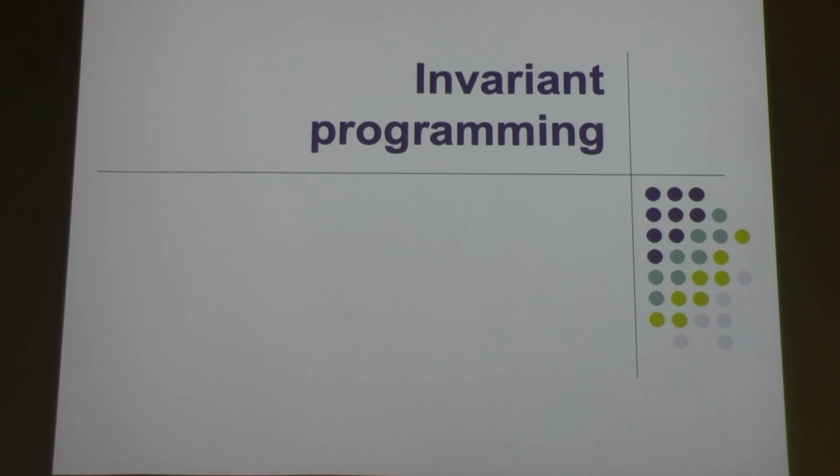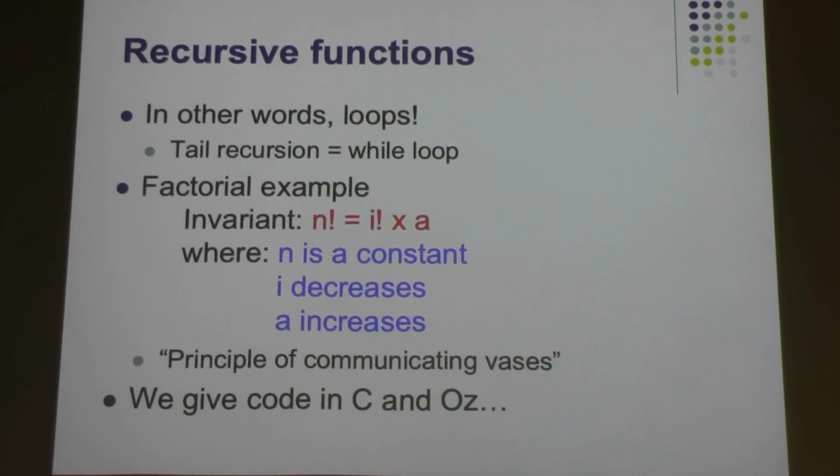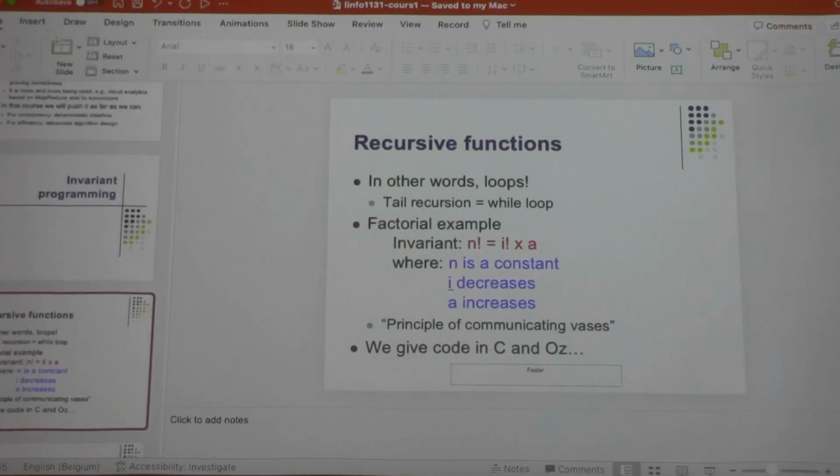The first one is invariant programming. You remember invariants? Invariants are important for loops. Okay? Tail recursive functions are the same as while loops. And so let me give you then an example.